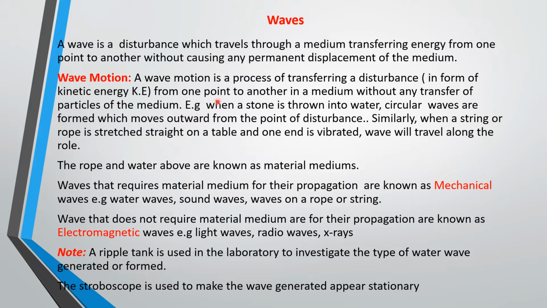So, e.g., when a stone is thrown into water, circular waves are formed which move outward from the point of disturbance. Similarly, when a string or rope is stretched straight on a table and one end is vibrated, wave will travel along the rope. So this is supposed to be the rope, then wave will travel along the rope.